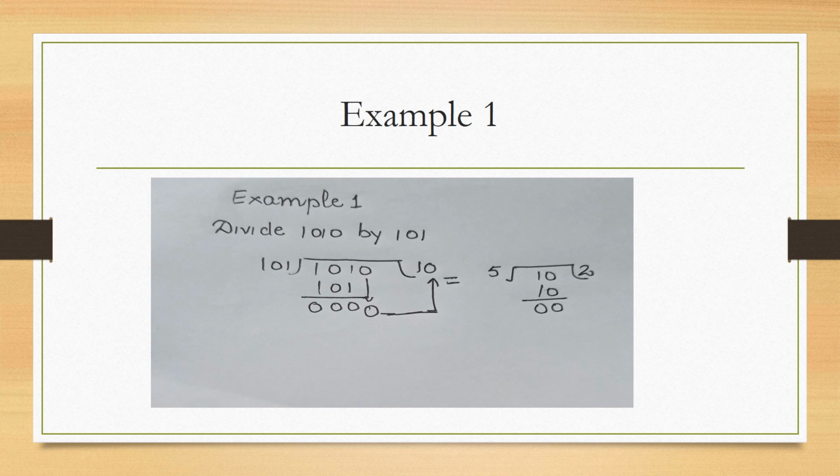Next number we take, that is 0, and this number is less than 101. So we'll take the 0 along with the 1, that will be the quotient. When we see this part in decimal numbers, we divide 10 by 5. 5 2s are 10. So the remainder is 0 and 0.